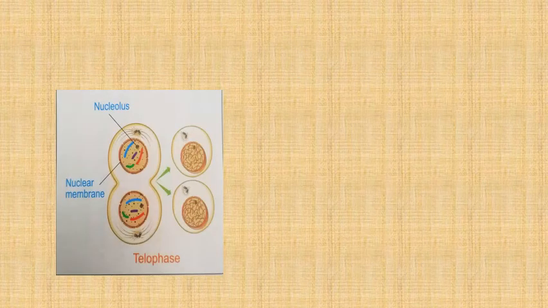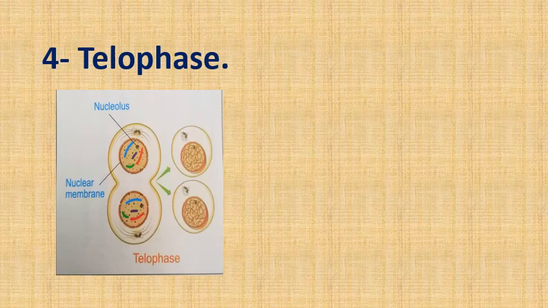Okay, the last phase is called telophase. Pay attention. The telophase is called the adverse phase. Why? Because the processes that take place in telophase are the opposite of prophase.